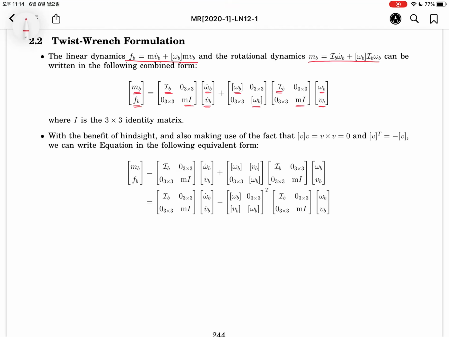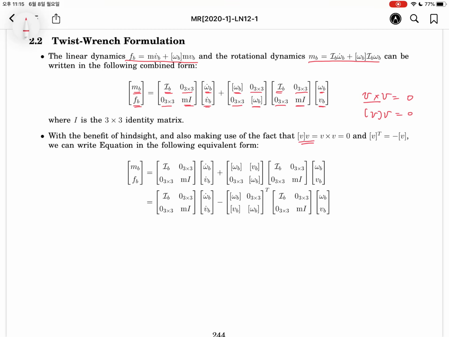Okay. Anyway, we can combine these two independent dynamics using the 3 by 3 zero matrix. It's very easy. The 3 by 3 matrix appears on the off-diagonal side. Here we know that v cross v must be zero, is it right? So it can be written using the skew symmetric form: v skew times v is zero.